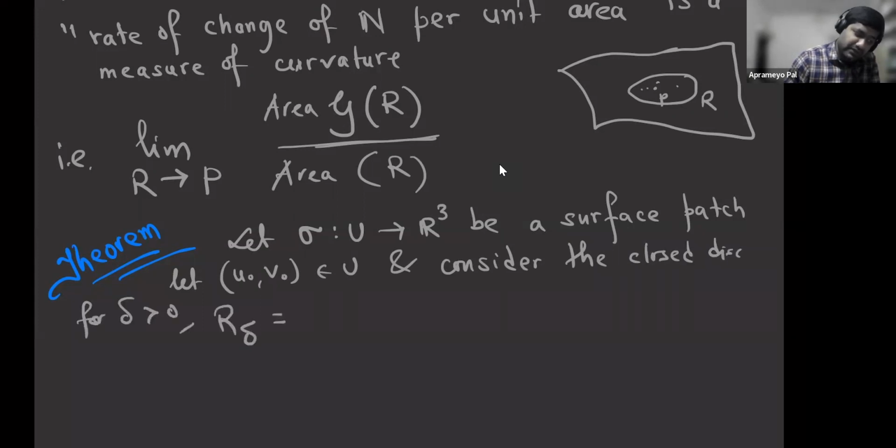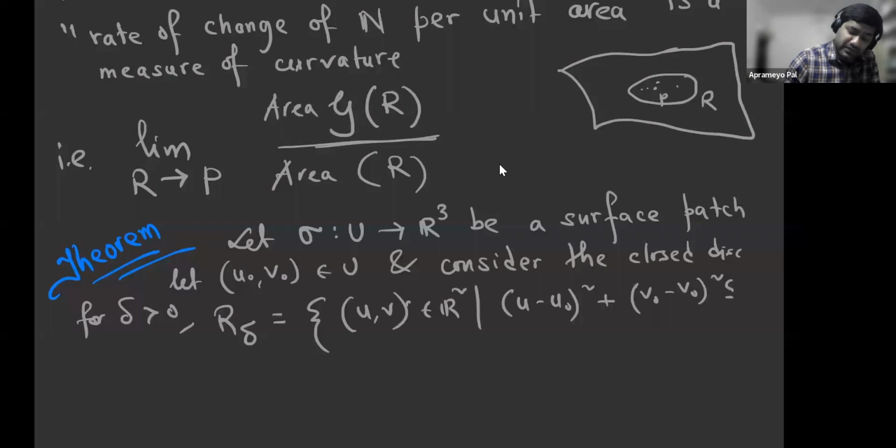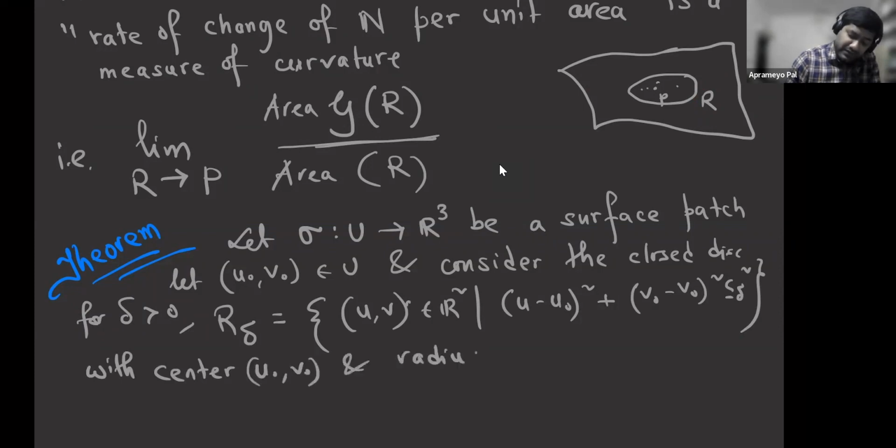R delta is the set of all (u, v) in R2 such that the distance is less than delta squared. So that's the R I was talking about, with center (u0, v0) and radius delta in U.